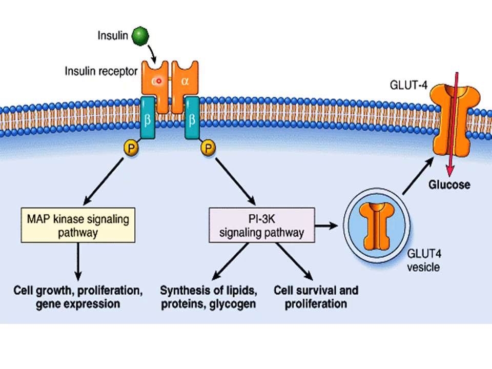The insulin receptor has two alpha subunits and two beta subunits. The alpha subunits are entirely outside the cell membrane. This is the cell membrane, and the alpha subunit has the binding site for insulin.